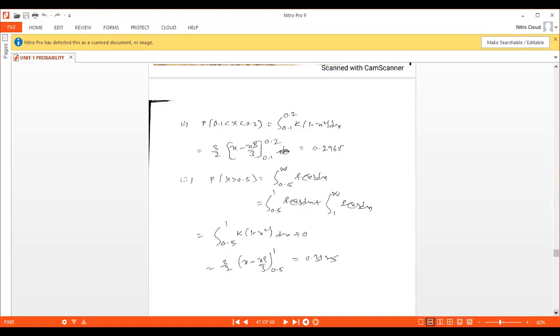Now k common, integrate 1 minus x square, that is x minus x cubed by 3 within the limit 0.5 to 1. Substitute upper limit minus lower limit. The value is 0.31.